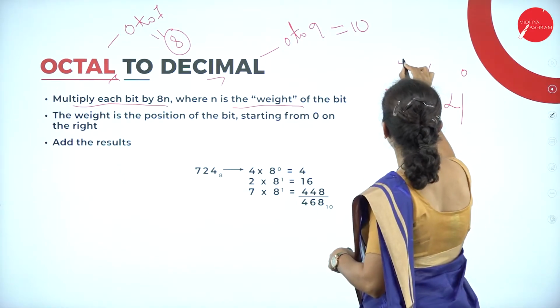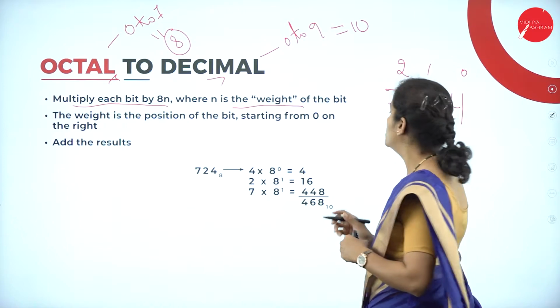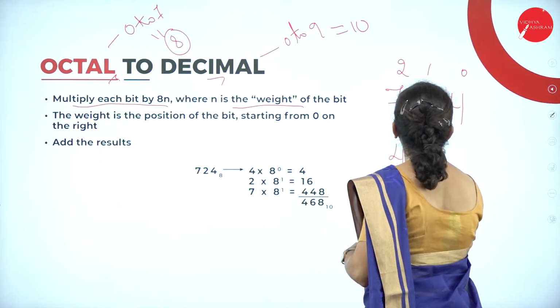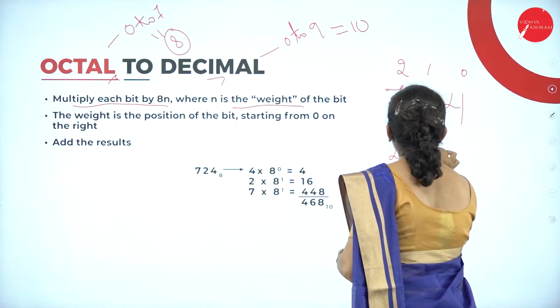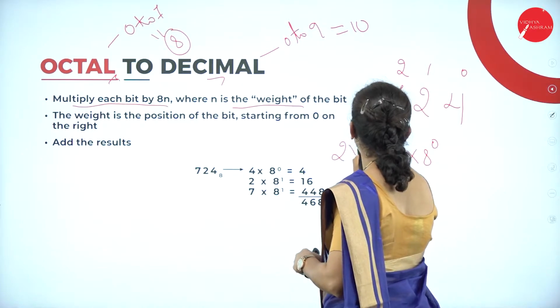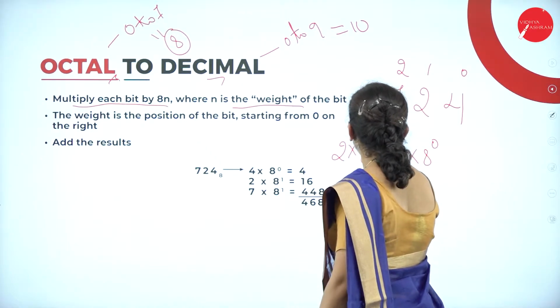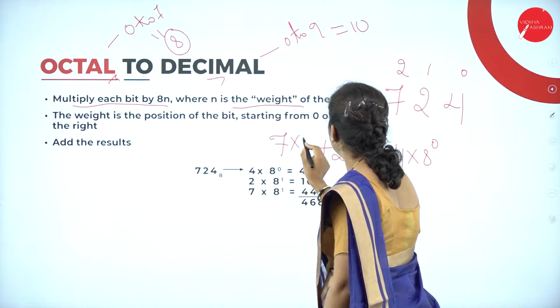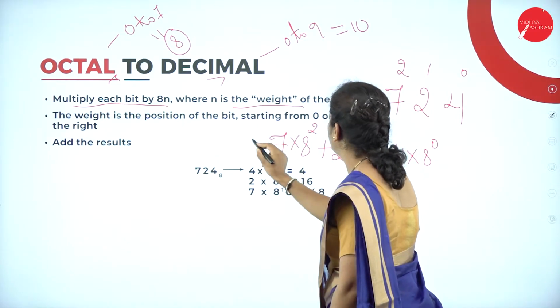It is 2. So now I'll write 4 into 8 to the power 0, plus 2 into 8 to the power 1, plus 7 into 8 to the power 2.